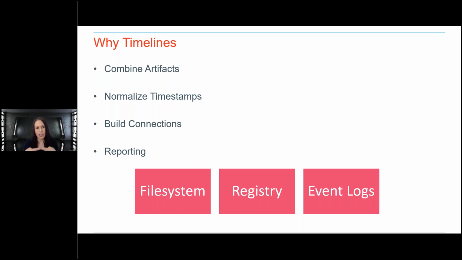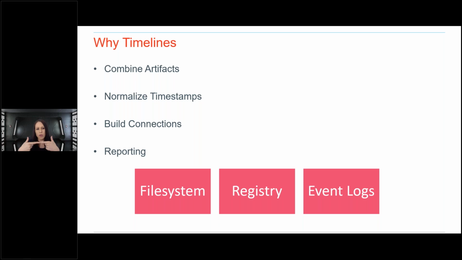Did they log in locally? Did they come in through RDP? So you might jump over and go look at your event logs and filter by the date. But now in a timeline, as soon as you see that UserAssist happen, you can just scroll up and down your timeline to see what happened, which lets you build out these really cool connections, because now you're going to start noticing things that you may not have known to go look for.